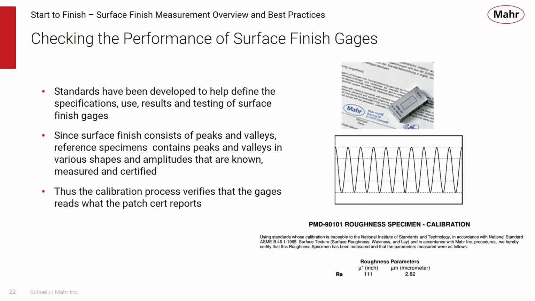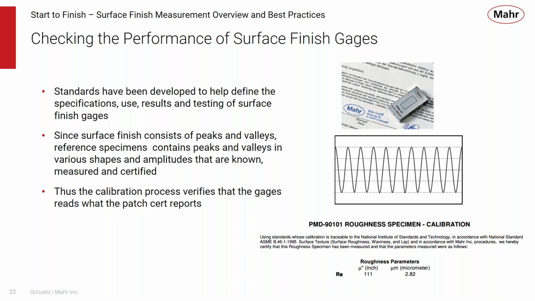Now you can check the performance of surface finish gauges, and there are tools out there to do that. These standards have been developed to help define the specification, the use, the results, and testing of the surface finish gauges. Since the surface finish consists of peaks and valleys, reference specimens contain precisely machined in peaks and valleys in various shapes and amplitudes that are known, they're measured, and they're certified.